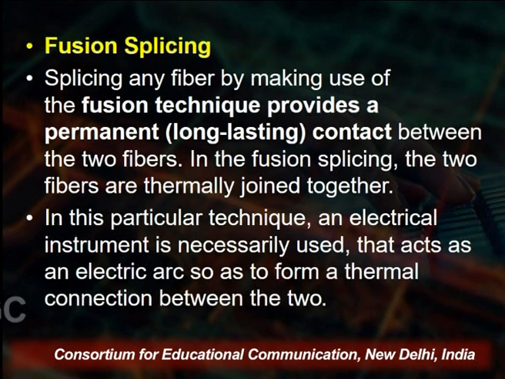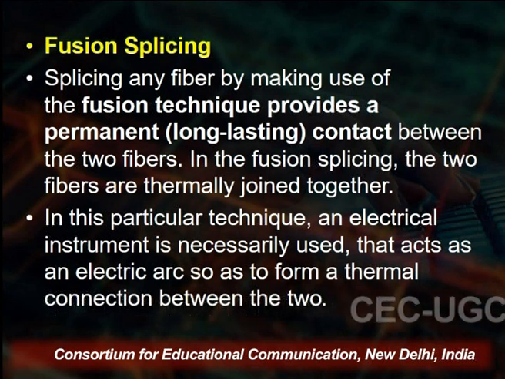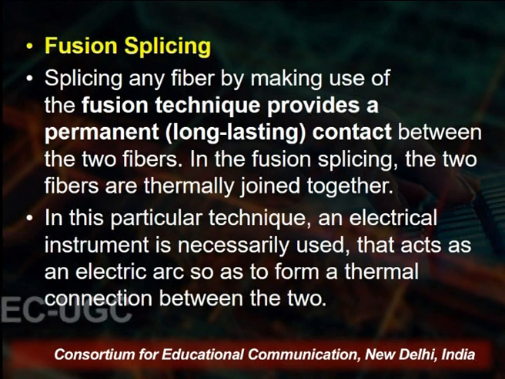So first is the fusion splicing. In the fusion splicing, any fiber by making use of the fusion technique gets a permanent or long lasting contact between the two fibers, and the two fibers are thermally joined together.